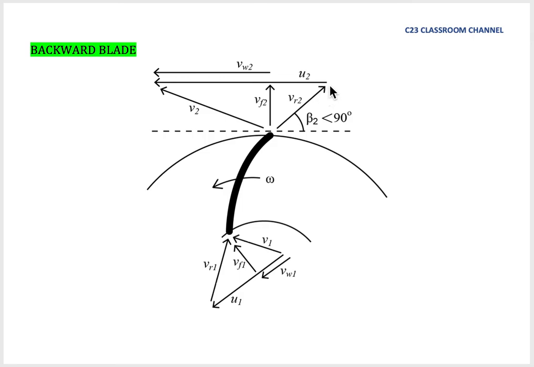Then we continue with the tangential velocity U2 from this point to the end of V2 here. So this is our VR2 and this is our U2. And then for VF2, VF2 must flow radially at the outlet. So we draw VF2 like this, 90 degrees to the tangent line here. So this is VF2, and continue with V2 from this point to the end of V2. So this is the velocity triangle for the backward blade.